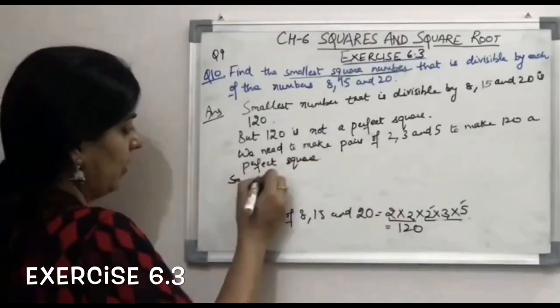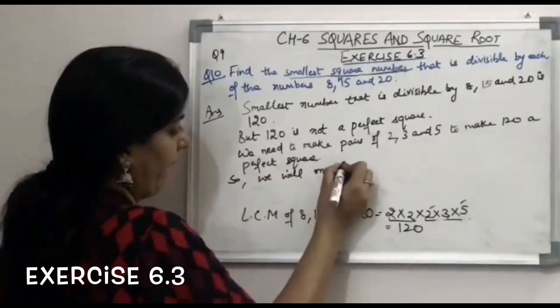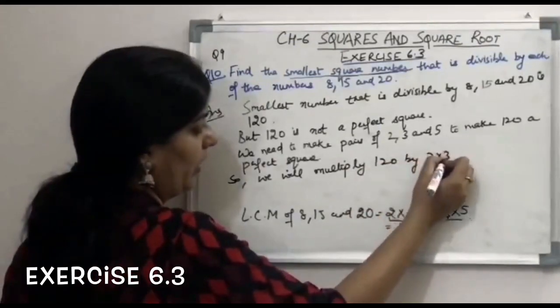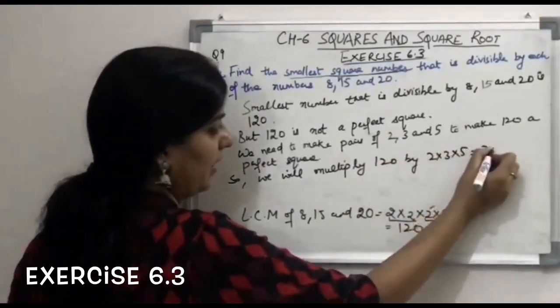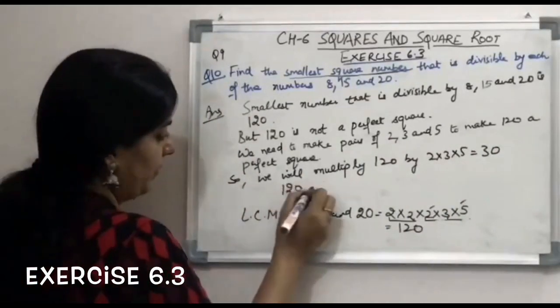So we will multiply 120 by what? 2 into 3 into 5, that is 30. So let us multiply 120 by 30.